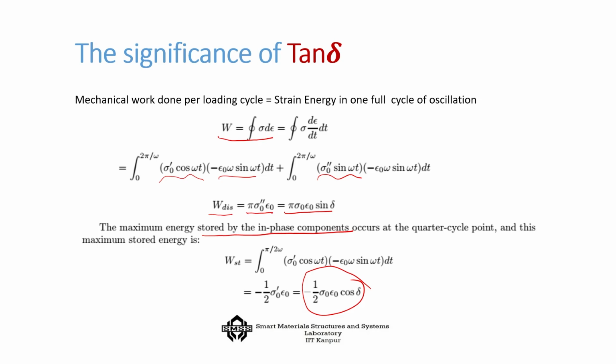So you know the maximum energy that is stored in phase, and the energy that is dissipated. These are the two parts inside this expression, and this ratio is going to give you the loss factor. That is the way the loss factor comes into the picture.